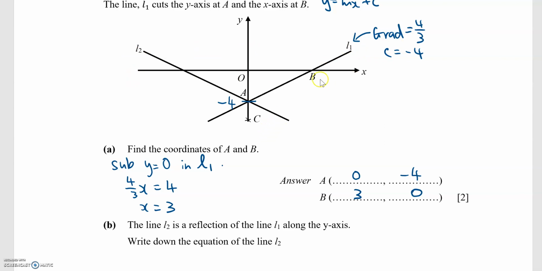Now, if it's a reflection along the y-axis, we see that the y-intercept of the two lines are the same. So for L2, I know that the y-intercept is also negative 4.